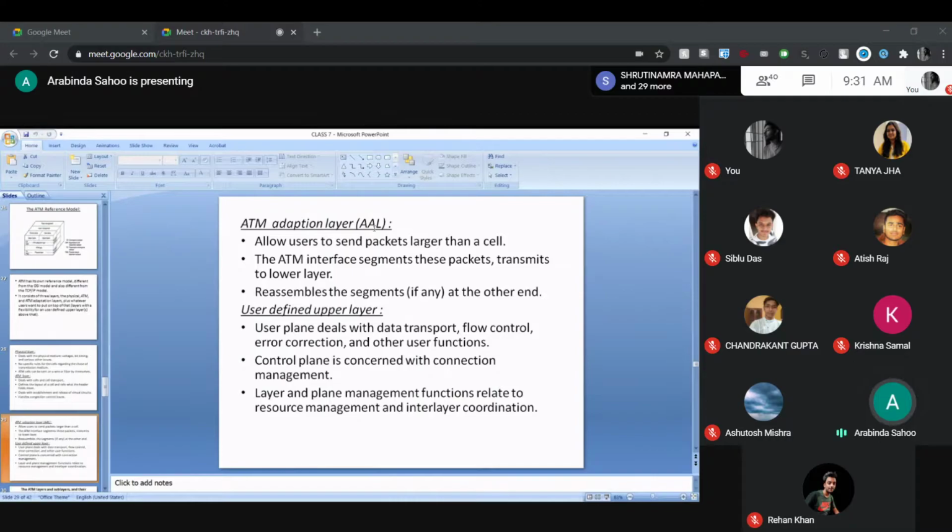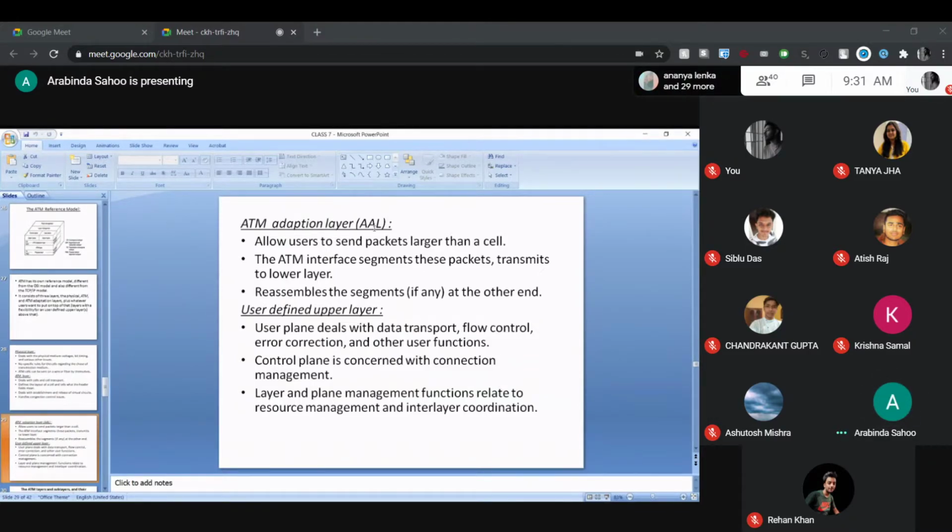So it allows the user to send packets larger than a cell, and the ATM interface segments these packets and transmits them to your lower layer and reassembles the segments, if any, at the other end. As the cell size is not fixed, if it is more than the size of a normal cell, this ATM adaptation layer reassembles the segments at the other end.